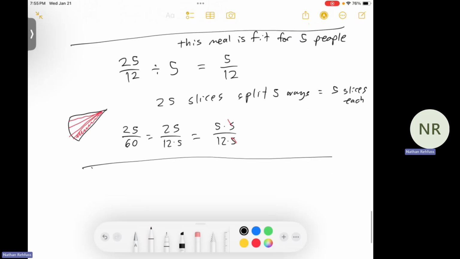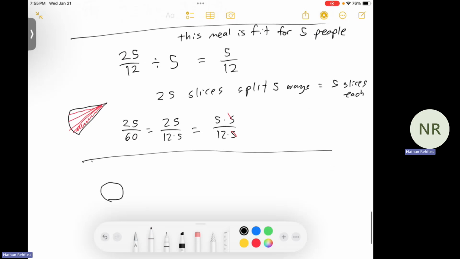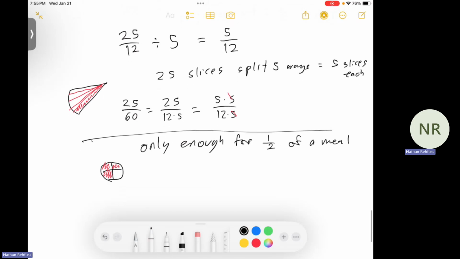How about this? We've got an extra small pizza. It was cut into 4 slices, and I ate 3 of the slices, but that was only enough for half of a meal. I'm still hungry enough to eat another one of those meals. I could eat 3 more slices.